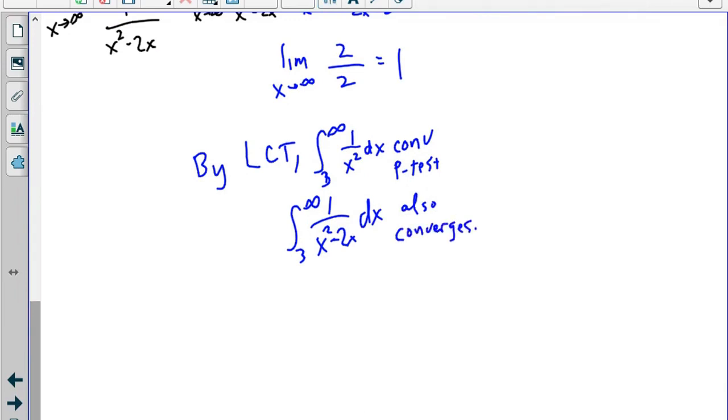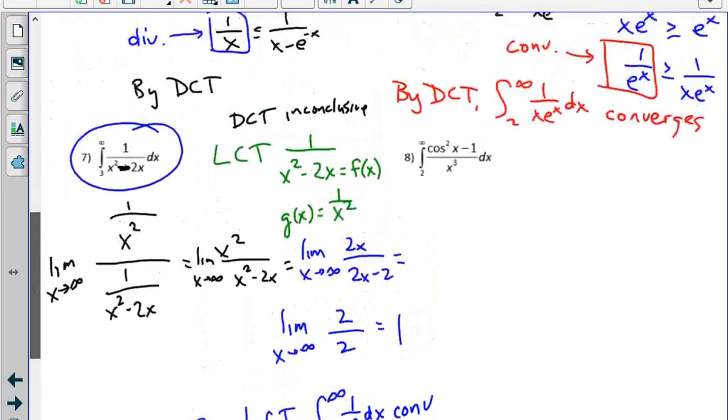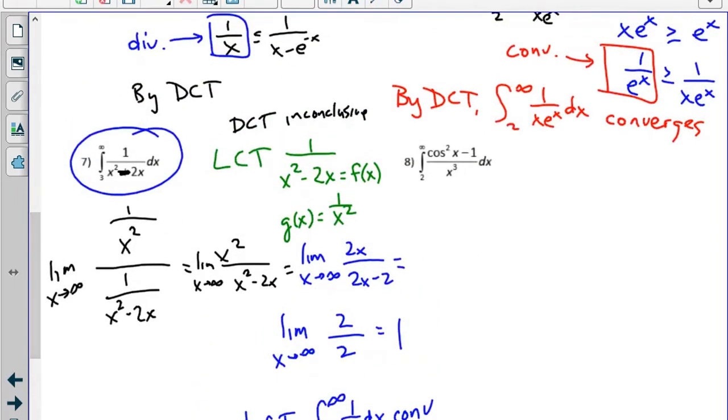Okay, so we just got our first taste of the limit comparison test actually working out. Finally, let's take a look at number 8 over here. With number 8, I would say that your best bet is probably the direct comparison test, but we'll try the limit comparison test first because we haven't had very many times where we've used the limit comparison test.